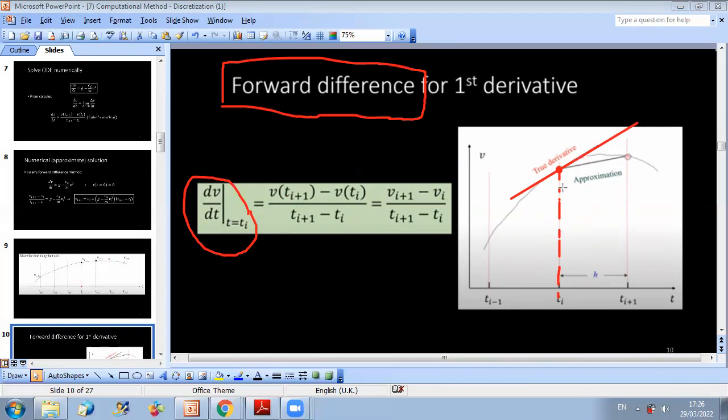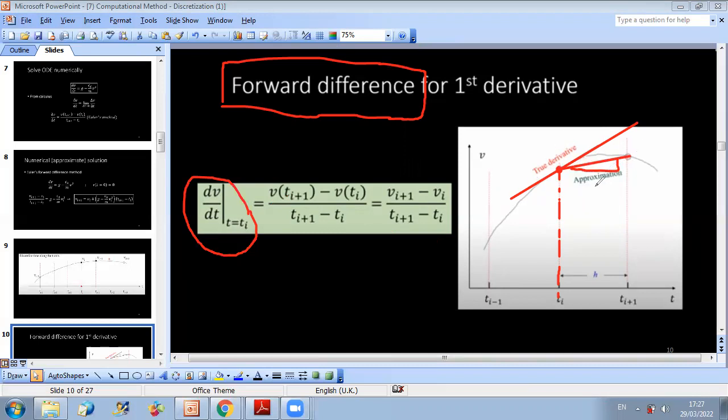It is to say, let me do an approximation and consider that the tangent line can be approximated by the line joining these 2 points. When I join point ti to ti plus 1, so when I join v at i to v at i plus 1, the slope of this line will be used to approximate the slope of the tangent line.